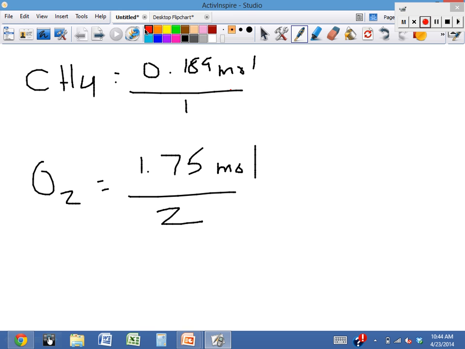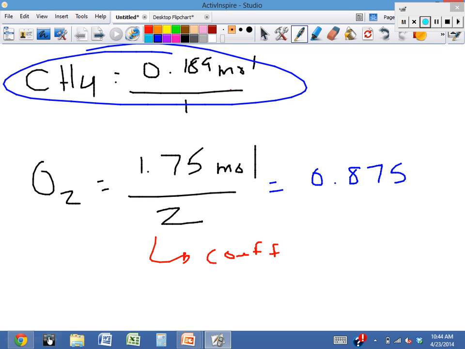Why am I dividing it by 2? Again, the 2 is your coefficient. When you divide it by 2, it comes out to be equal to 0.875. As soon as you see this, you know that methane is your limiting reactant, because it is the least amount.